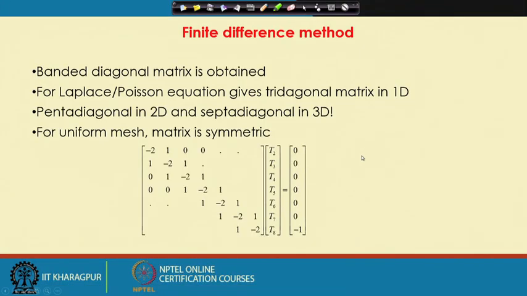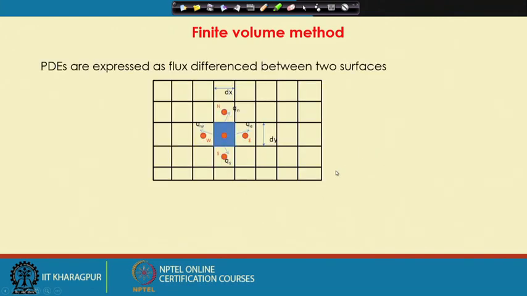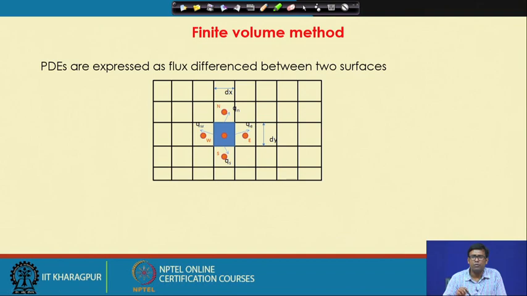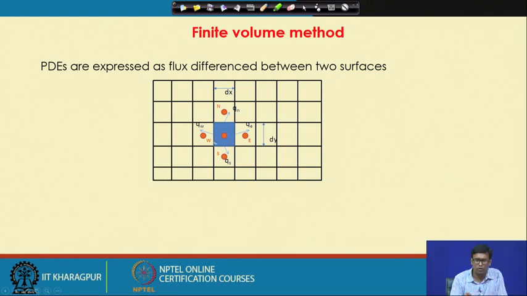There are other methods like the finite volume method. In the finite volume method, instead of doing a Taylor series approximation, we do a little more physics based approximation, which is that the heat conduction equation for a particular volume, a control volume, can be considered as the rate of conservation of heat, or rate of conservation of heat flux in the volume.